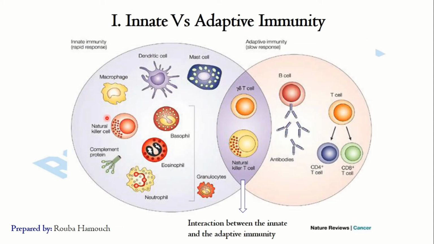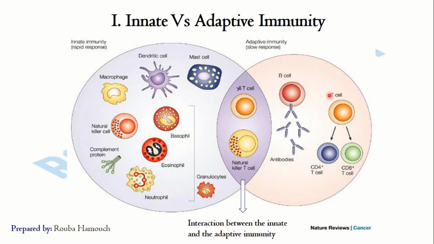As you can see here, we have the main cells involved in the rapid innate immunity and the main cells involved in the adaptive immune response, which is a slow and delayed response.